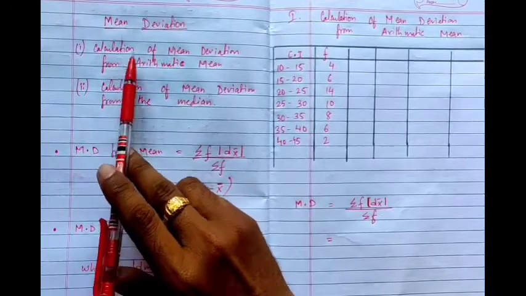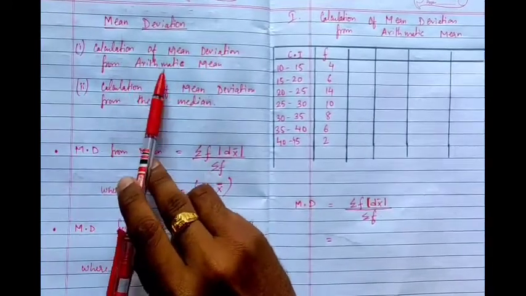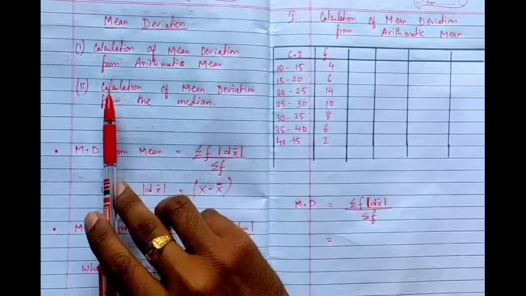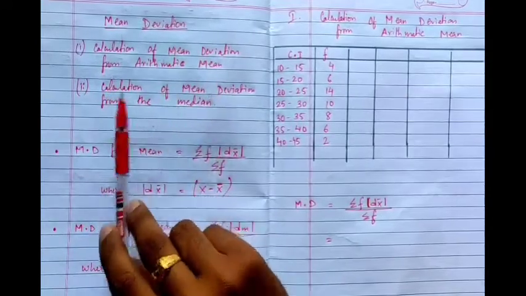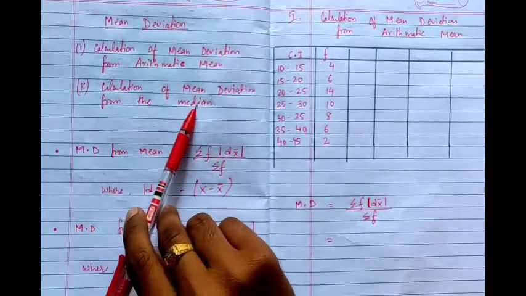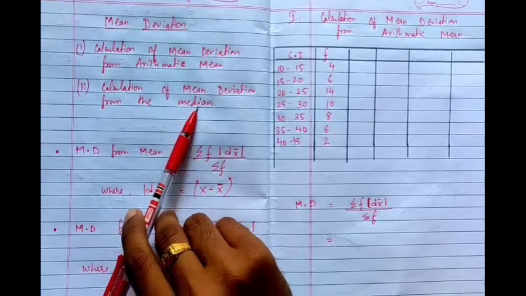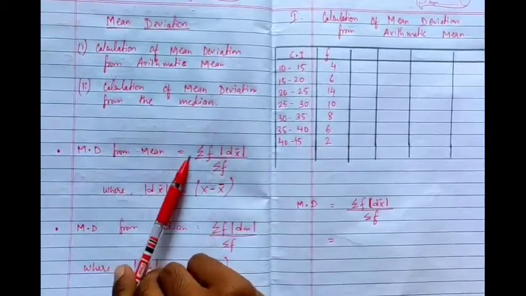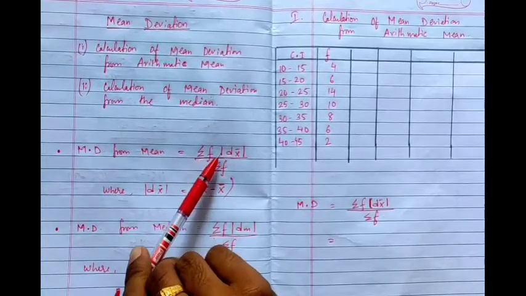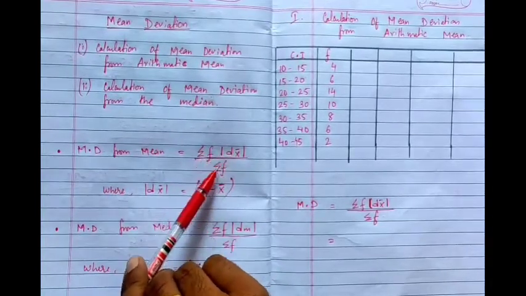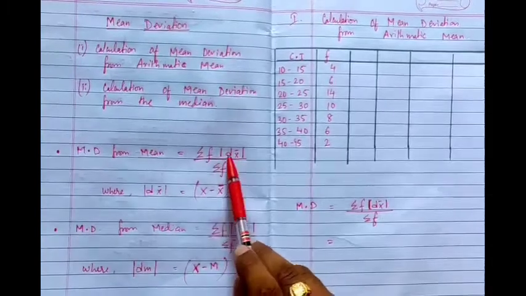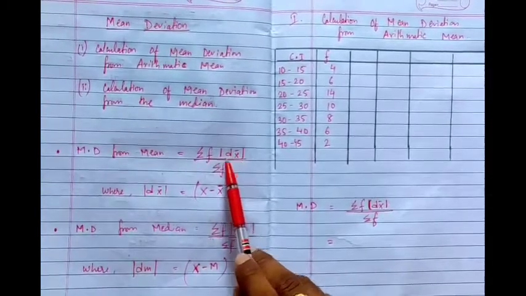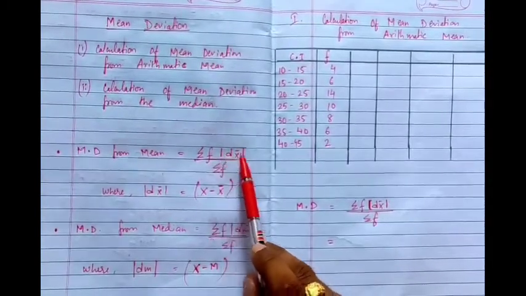One is calculation of mean deviation from the arithmetic mean, and the other is calculation of mean deviation from the median. So we have to use two different formulas. For calculating mean deviation from mean, we use this formula: summation f |dx bar| by summation f. dx bar is under this bracket, that's modulus.